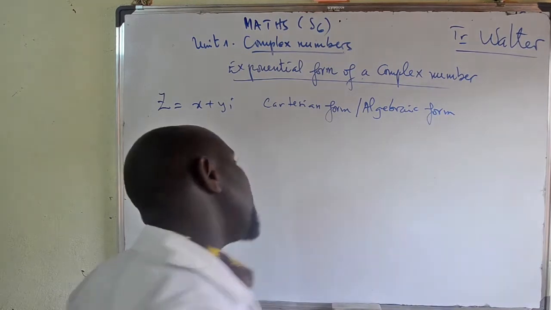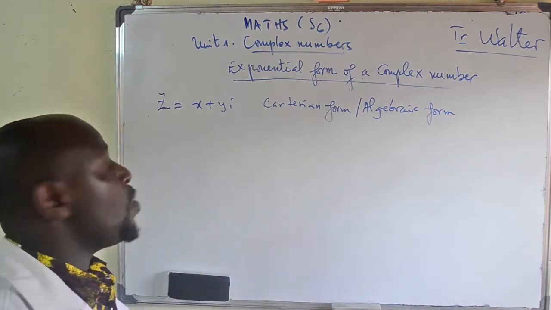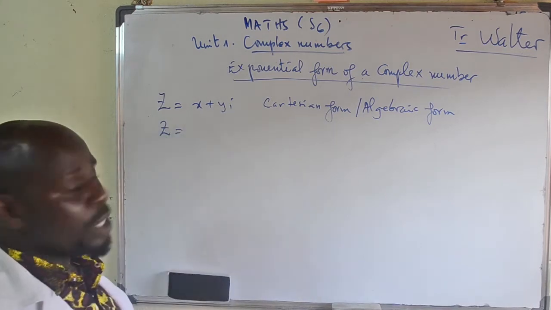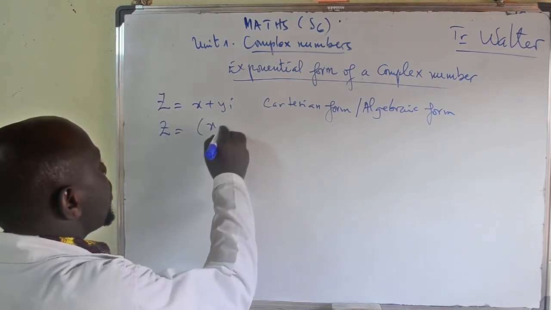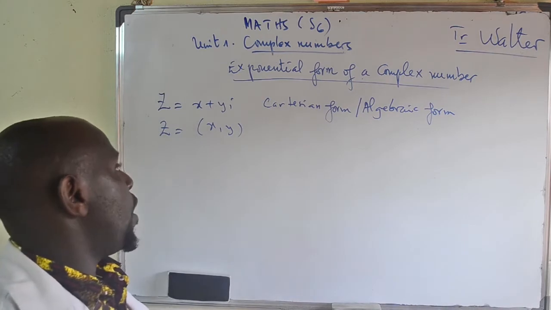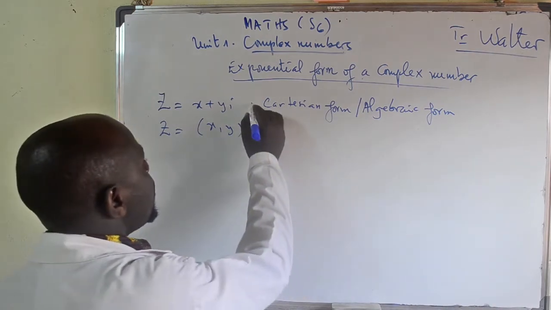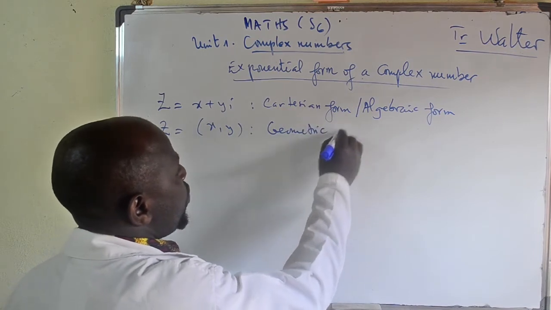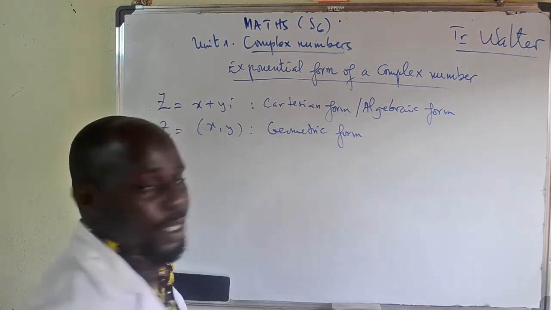So these are two names given to this form. Later on, we have seen that z can also be represented as (x, y). This is the geometric form of a complex number.